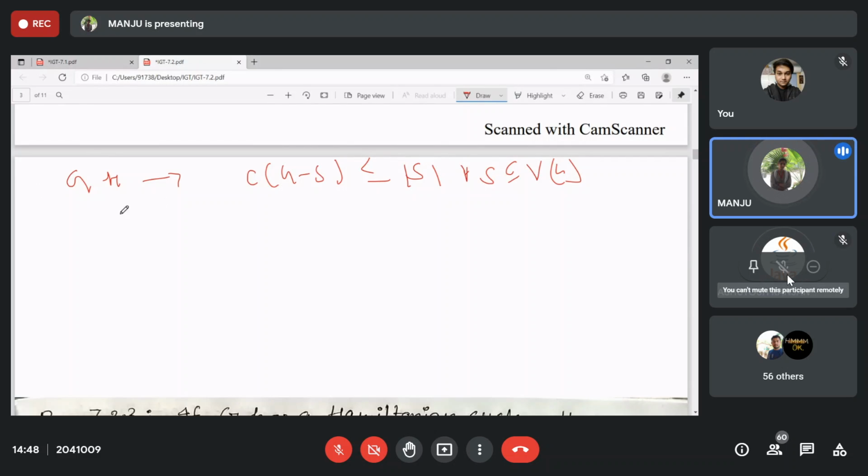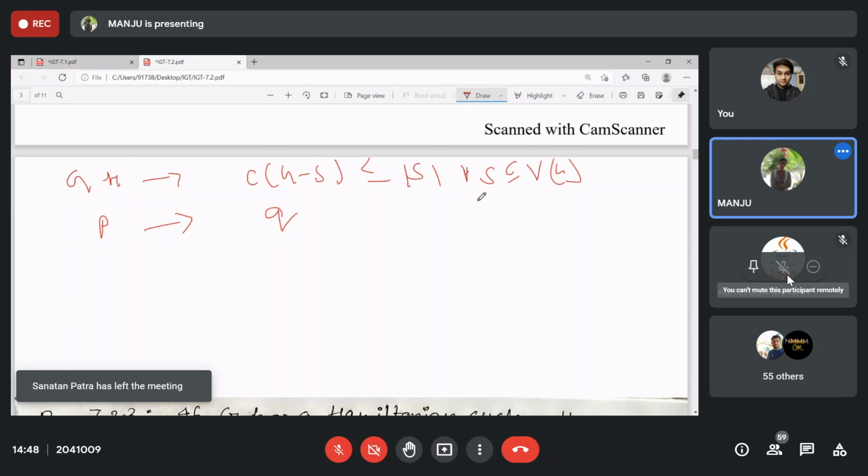And this is only a one-way condition. You have P, that is G is Hamiltonian, and P implies Q. This holds for all non-empty S. Now, you cannot say Q implies P. That means if this condition occurs, you cannot say G is Hamiltonian. For Hamiltonian, this condition will occur, but if it occurs, the graph still may not be Hamiltonian.